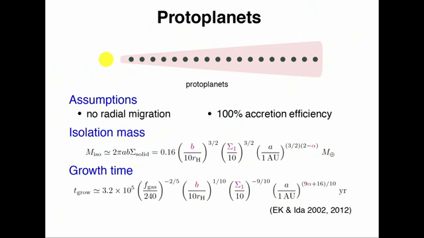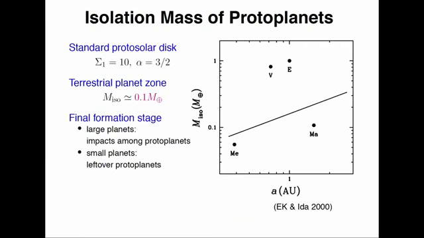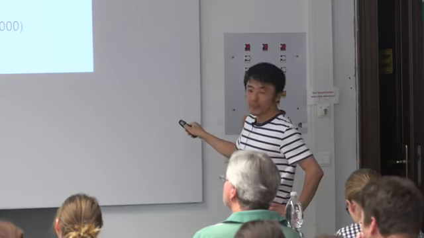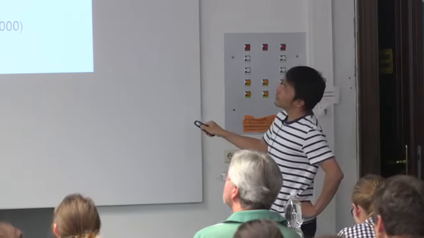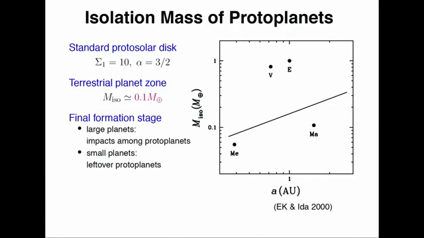But let me show you the mass of the embryos in this figure, together with the Mercury, Venus, Earth, and Mars masses, right? For the standard protoplanetary disk model for solar system formation, where sigma 1 is 10 and alpha is 3/2, we have this isolation mass, which is far smaller than the masses of Venus and Earth, but as high as those of Mercury and Mars.